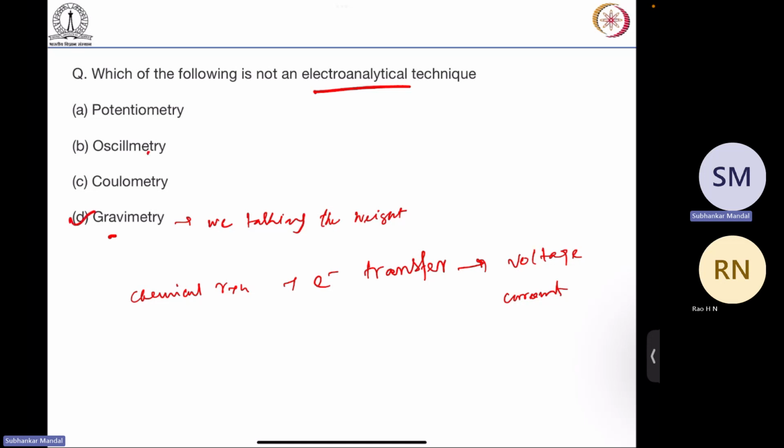What is oscillometry? Oscillometry is based on the change of pressure. It is a medical instrument, and also an electrical instrument that electricians use.